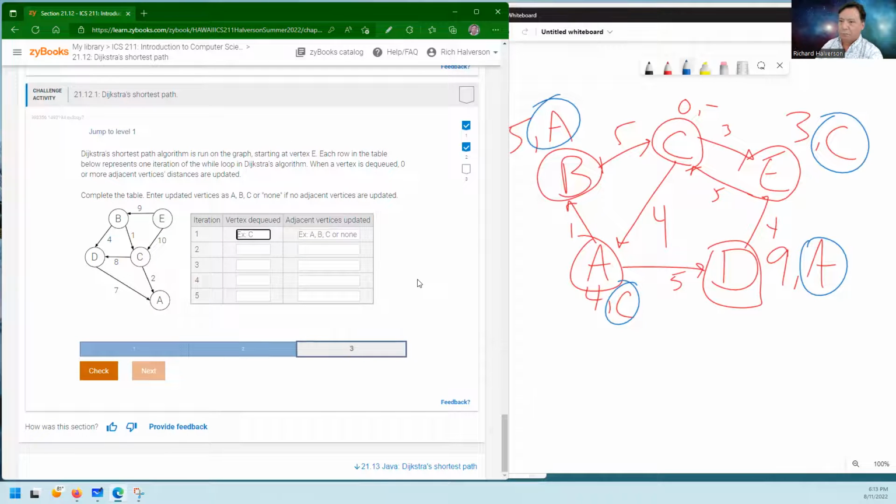All right, here's the last. Here we do Dijkstra's shortest path algorithm from E, and we're going to be executing the algorithm, and we figure out which one is dequeued each time. So they're dequeued in order of the smallest distance value, the property. I'm going to start over again.